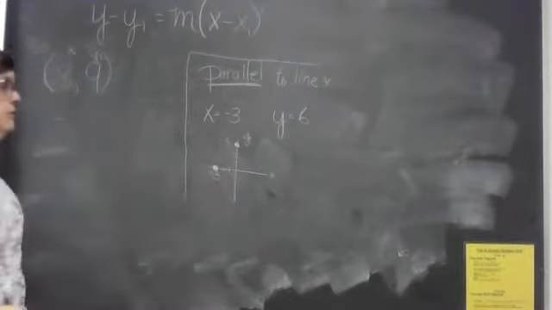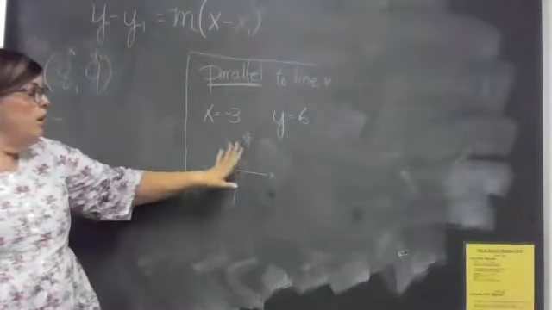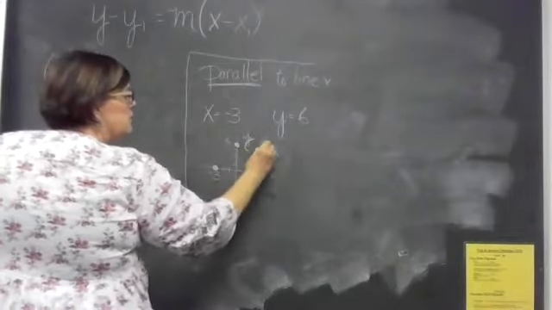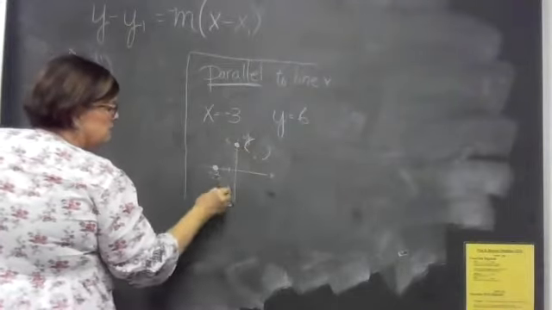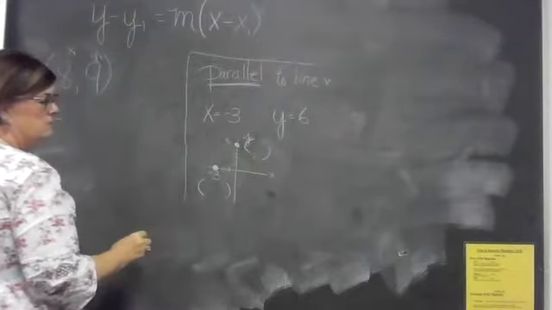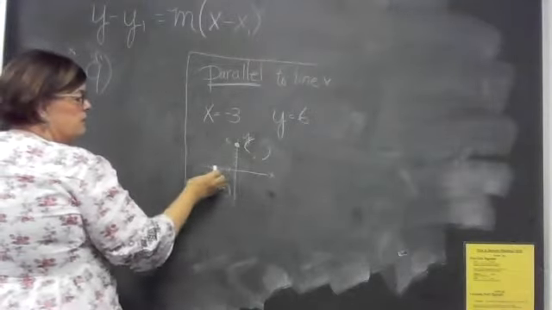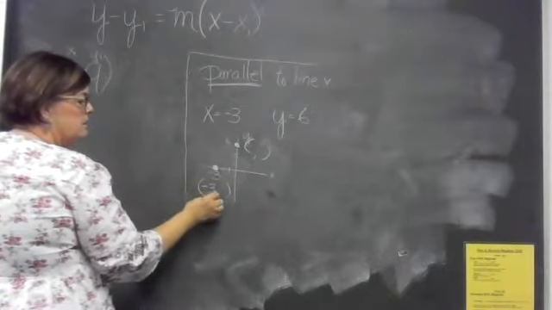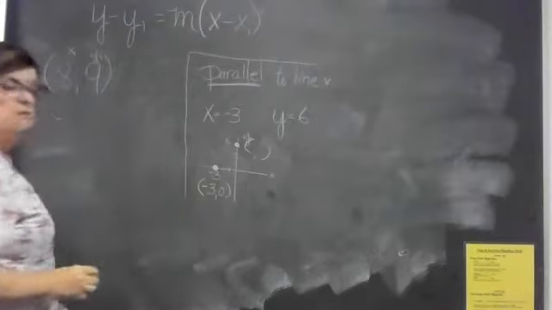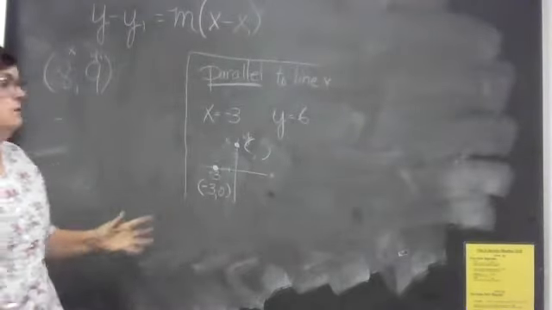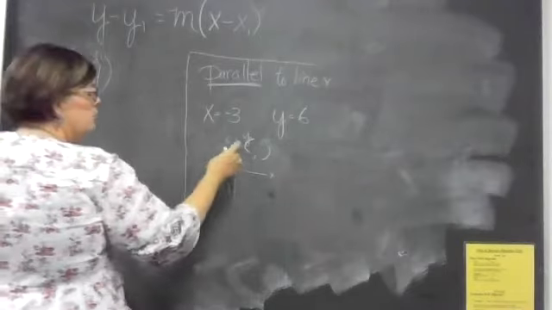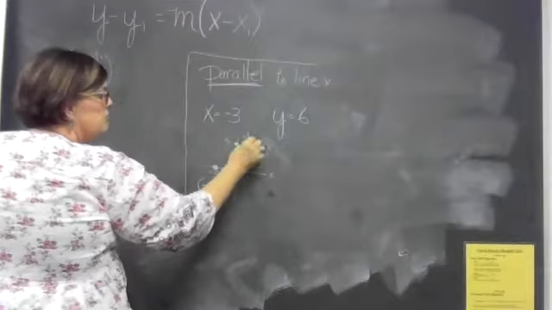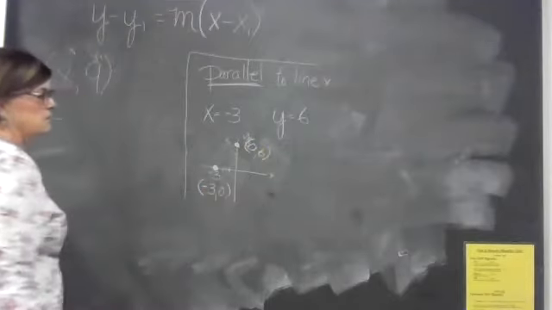What you need to do, you need to know what the coordinates are of this point. Of course, it's 6, but how do we write its address? If I'm going to write the address for this point, I'm going to say -3, 0. Do you see? Okay, and then if I'm going to write the address for this point right here, it's going to be 0, 6, right?